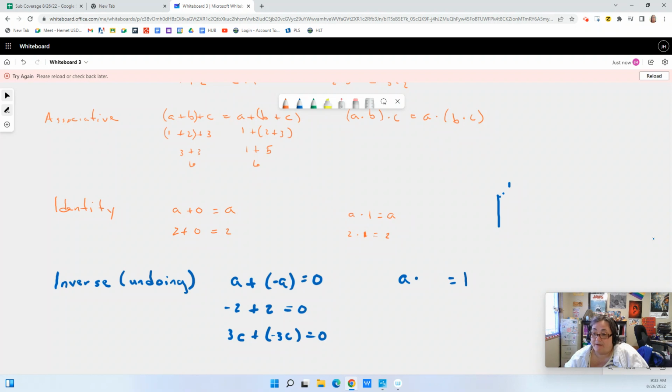Well, if we multiplied by nothing, that would be 0, right? And that wouldn't work because anything times 0 is just 0. So we couldn't really do nothing. What we'd have to do is multiply it times 1 over itself.